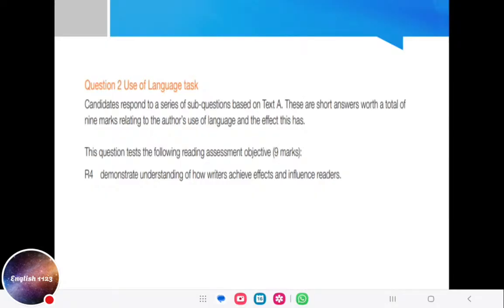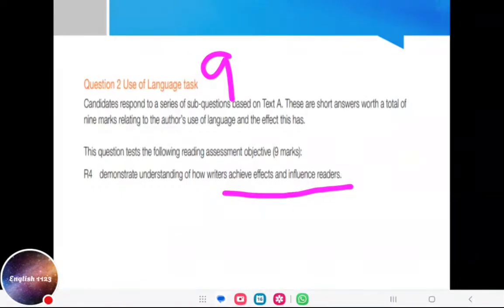This question has 9 marks. And what do we have to show here? Demonstrate understanding of how writers achieve effects and influence readers. We have to understand why the writer is using a certain word in a sentence, like talking about figurative language, similes, metaphors.